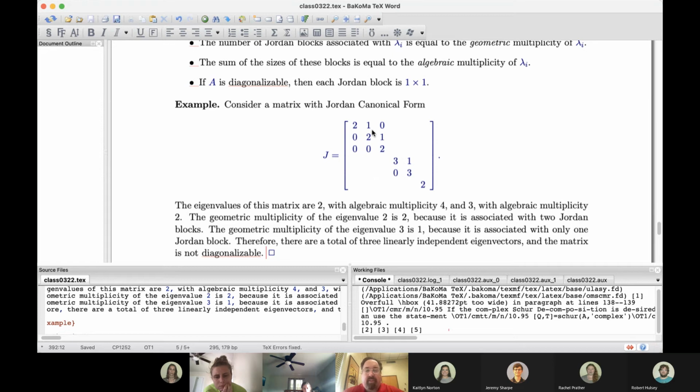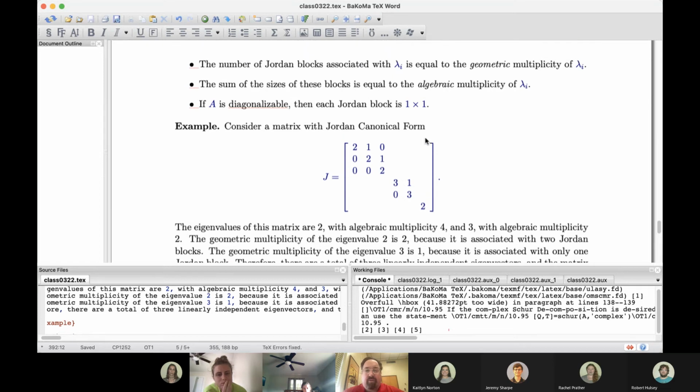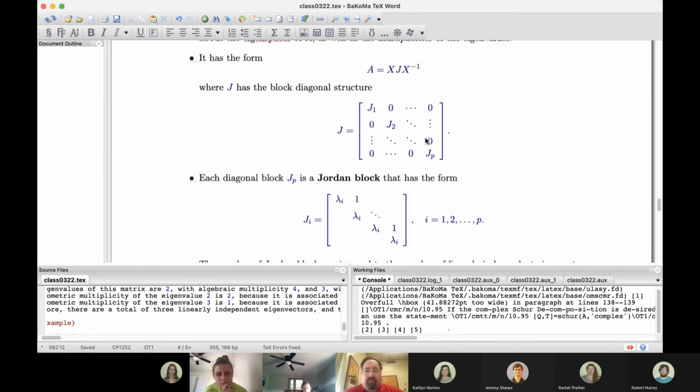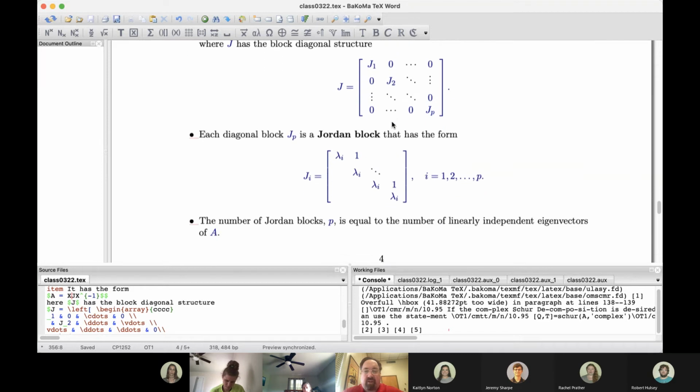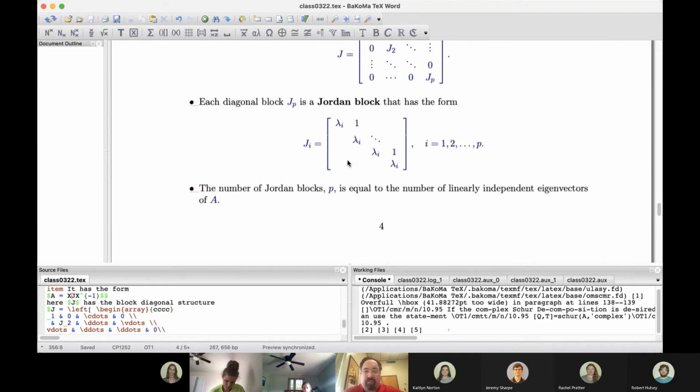So in the Jordan form I wrote above, the matrix X has columns that are either eigenvectors or generalized eigenvectors of A. The columns of X that correspond to the first column of a Jordan block are eigenvectors.